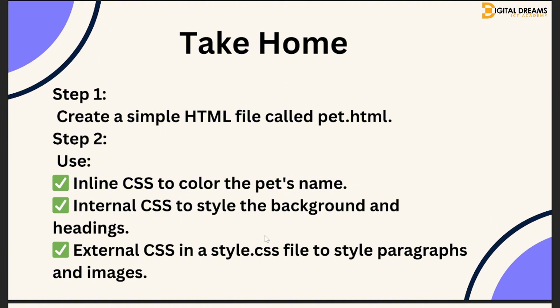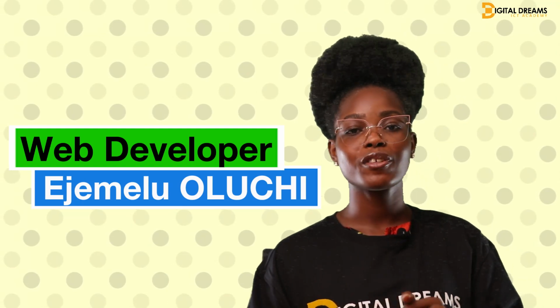And step 2, use inline CSS to color the pet's name. The other one is internal CSS. Use that to style the background and headings. And then lastly, I want you to use external CSS in a style.css file to style paragraphs and images. And that is all for today.